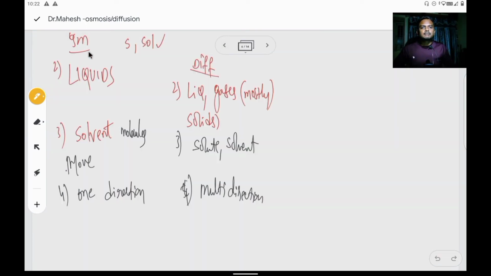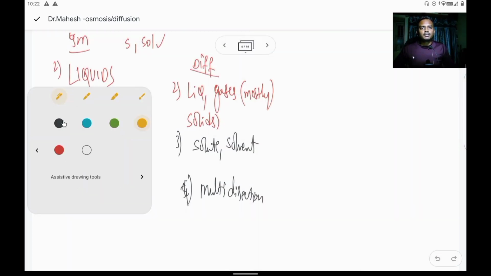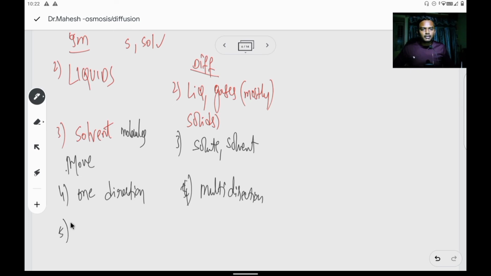And one more point here I would like to tell is, for osmosis to occur, the most important, must and should thing is it should have a semi-permeable membrane. Then only osmosis will occur, otherwise not.